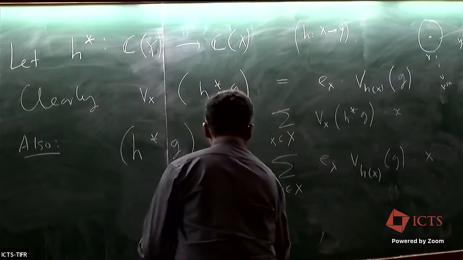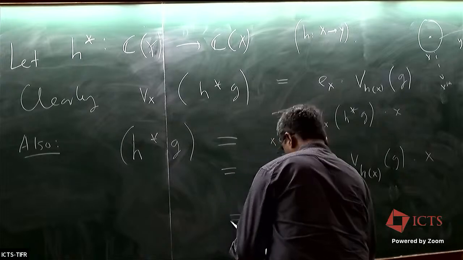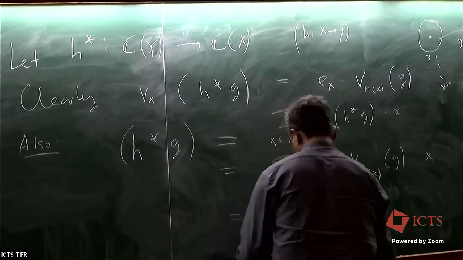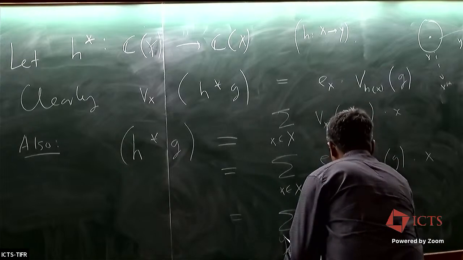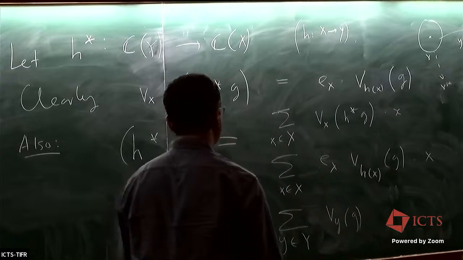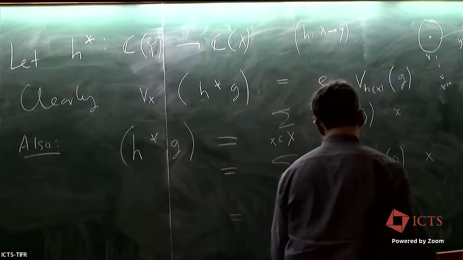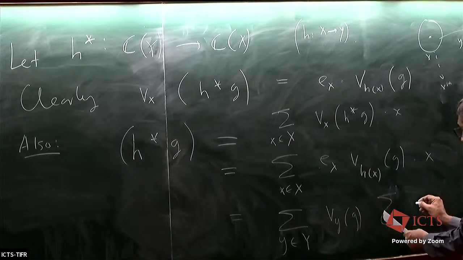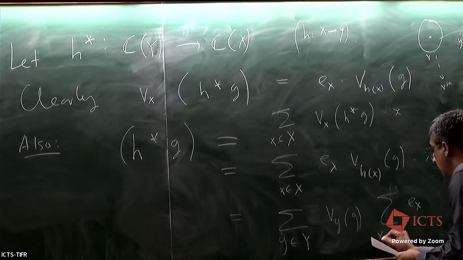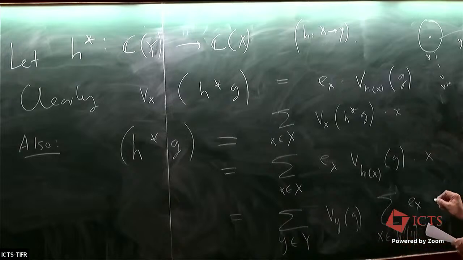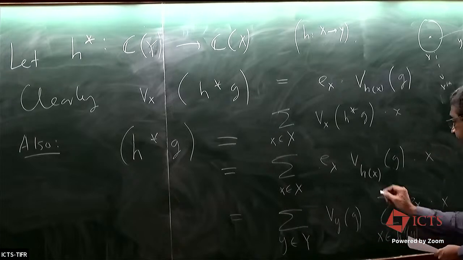which we will rewrite as summation y belonging to Y, vy of g, changing notation from x to y, h of x is y. And then let's write all pre-images. They were common here. Let's move the ex inside. So x belongs to h inverse of y, ex.